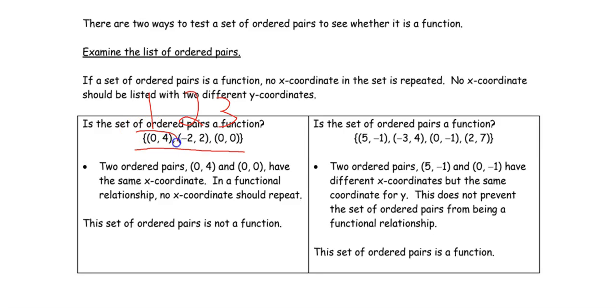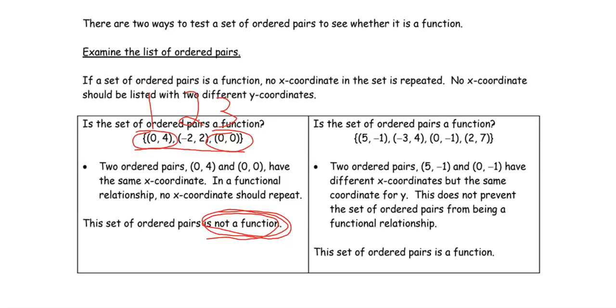Now, point 1 and point 3 both have an x value or an input value of 0. Since they have different output values, this is not a function. Because remember, each input value can only have one output value. In this relation, 0 has an output of 4 and an output of 0, which means it is not a function.